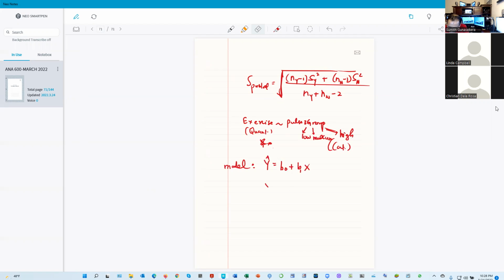I'm going to replace x with 2 indicator variables. X1 I'm going to split into x1 and x2. Both are indicator, or dummy, variables.